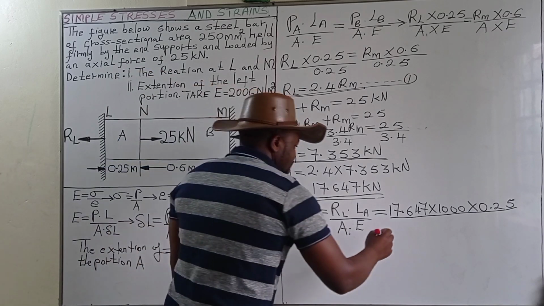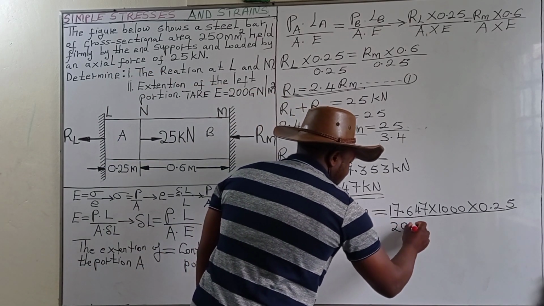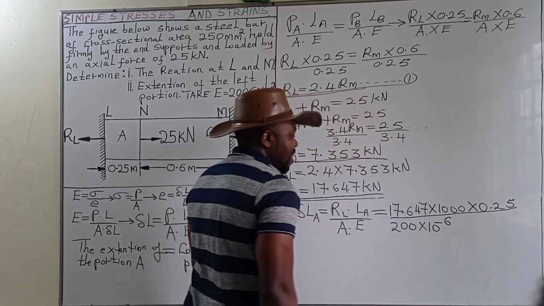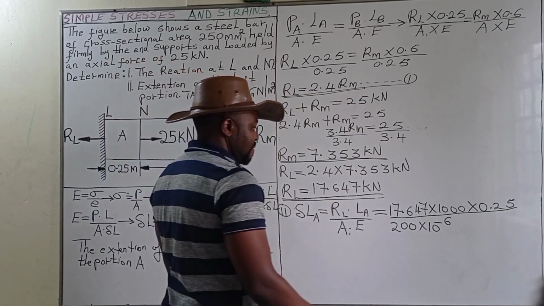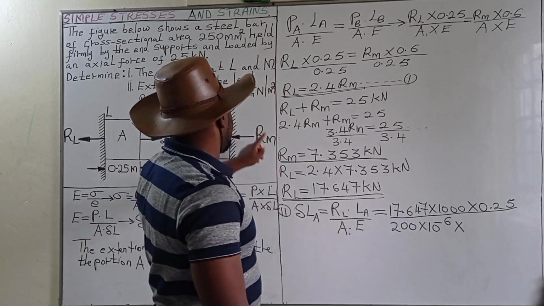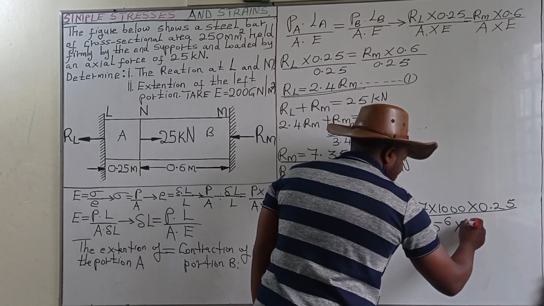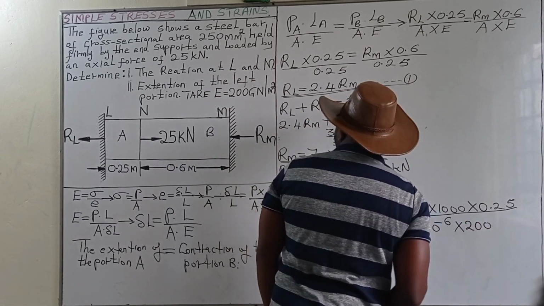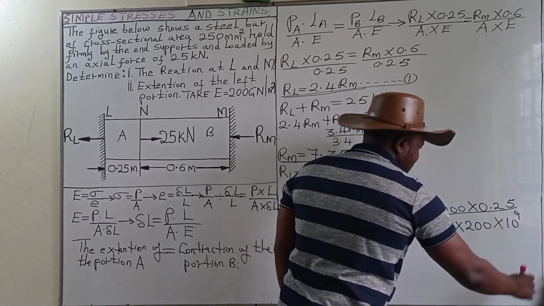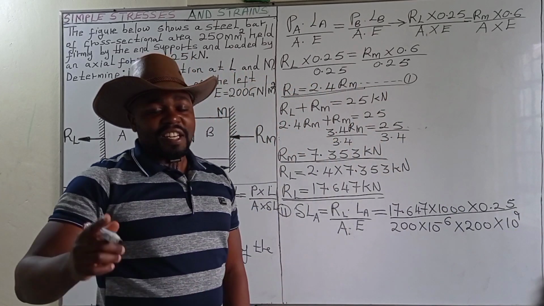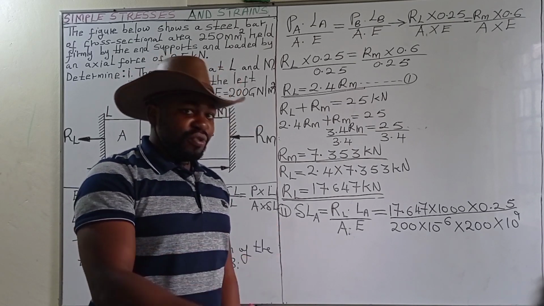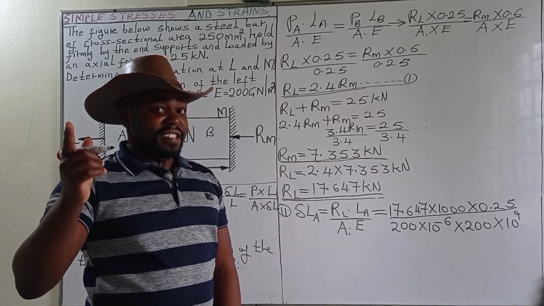So in this case, we are going to divide 250 by 1 million, and that is going to be 250 times 10 raised to the power of negative 6, multiplied by the Young's modulus of elasticity of steel, 200 giganewtons per square meter. We convert to newtons per square meter. So that is going to be 200 times 10 raised to the power of 9, since giganewton is equivalent to 1 billion newtons, and a billion has 9 zeros.